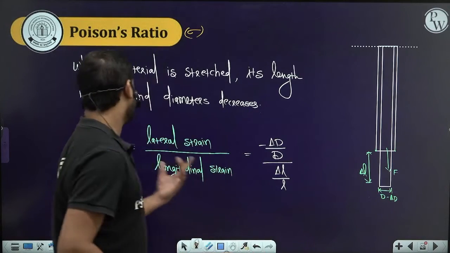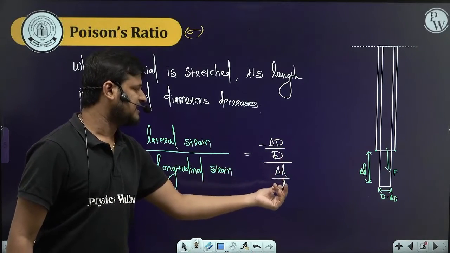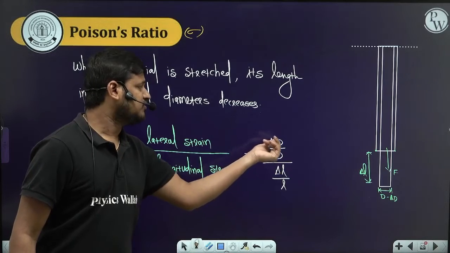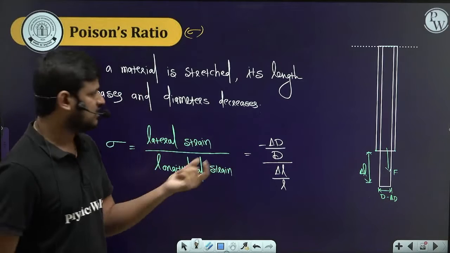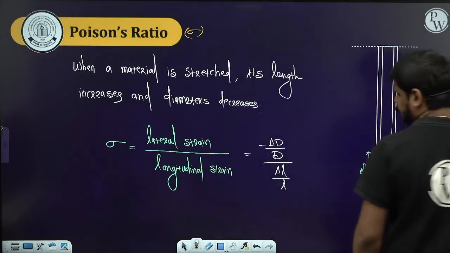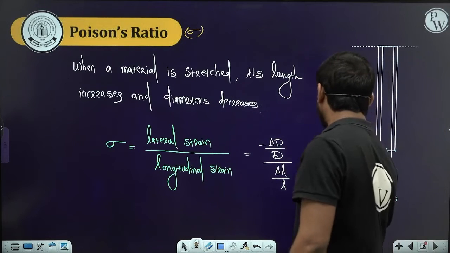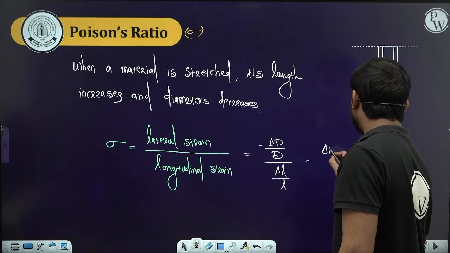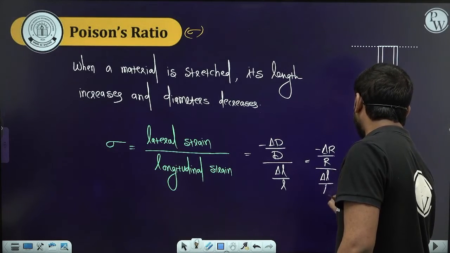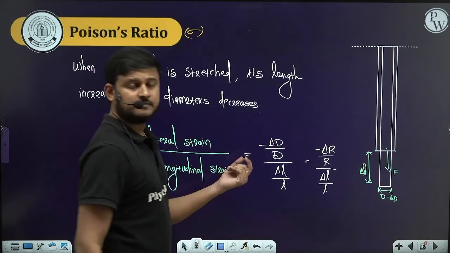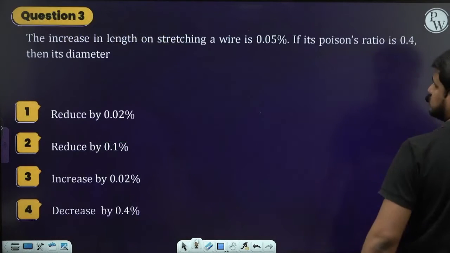So the formula for the Poisson's ratio is minus delta D by D divided by delta L by L. Why minus? Because the final diameter will be less, it decreases, so that's why I'm keeping minus there. Clear? You have to remember this formula, guys, or else you can also write it as delta R by R divided by delta L by L. Done? Chal, let's see the questions based on this.